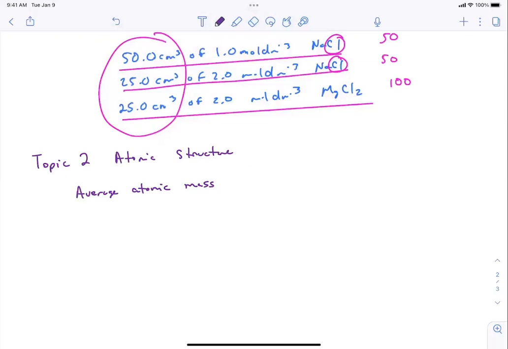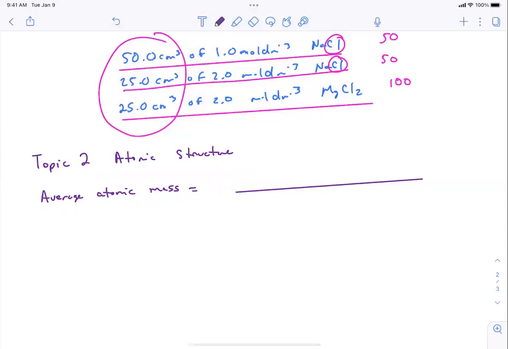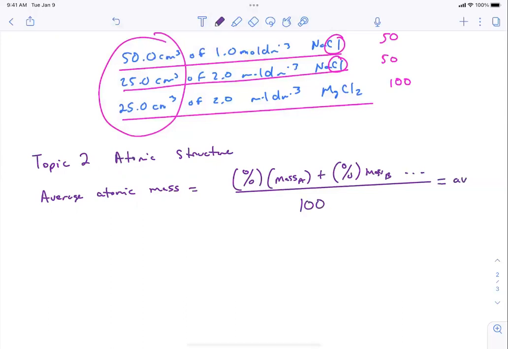And so whenever I do this, I take out that issue by just taking the percentage times the mass of one isotope plus the percentage times the mass of the second isotope, etc. And I just divide it by 100. And that's my average.